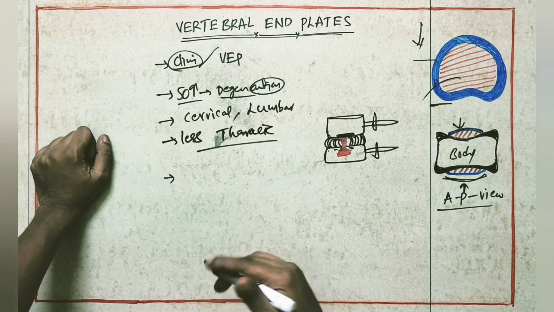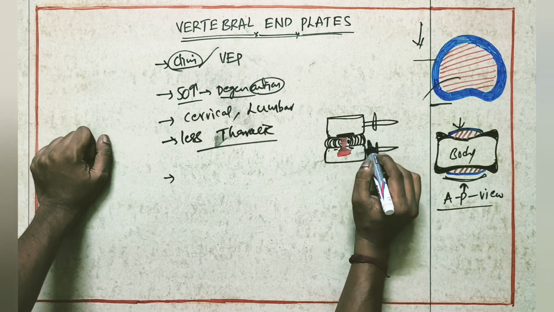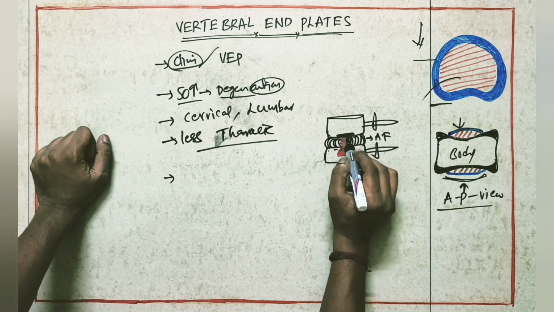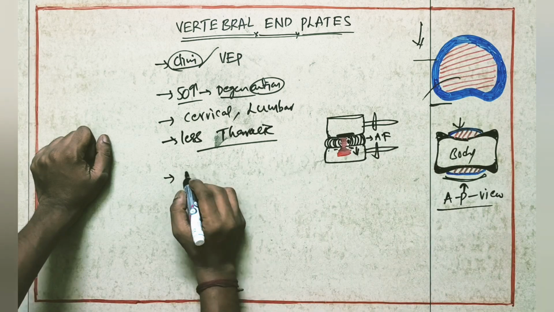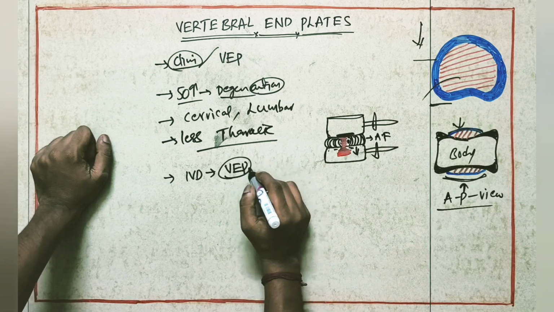And one more thing, because of the degeneration, the IVD, the intervertebral disc present here, where red color is the nucleus pulposus and this is the annulus fibrosus, sometimes enters into the vertebral end plates.